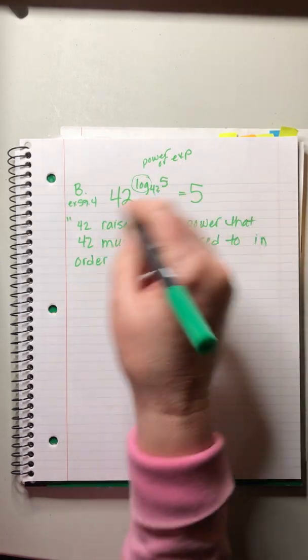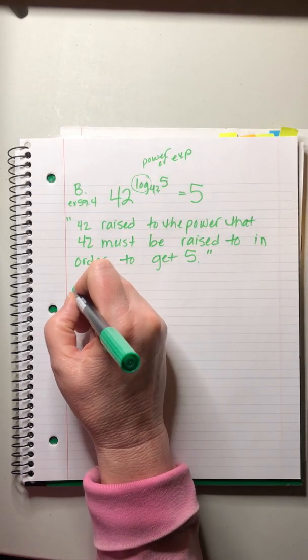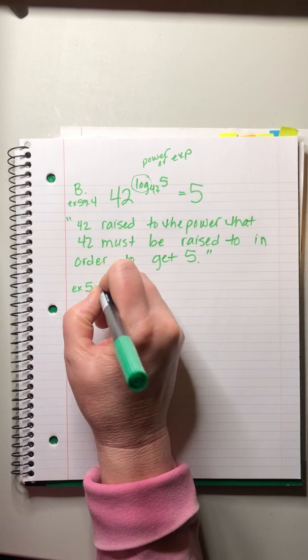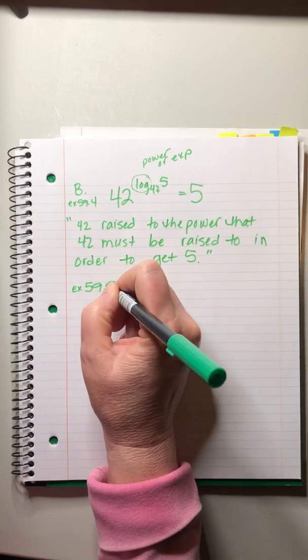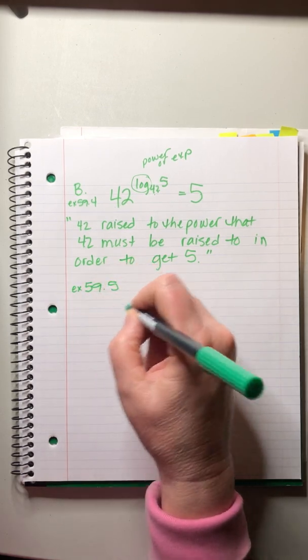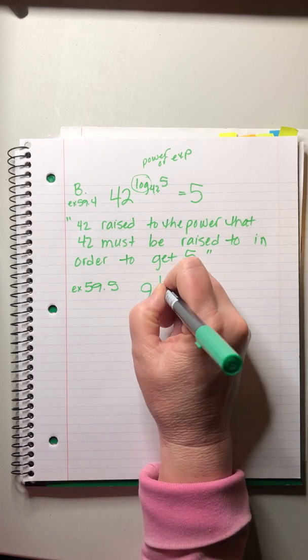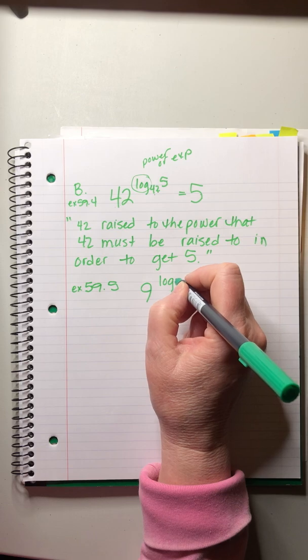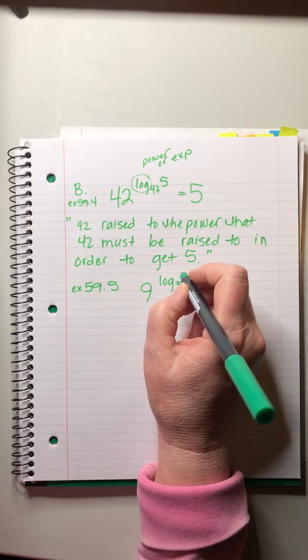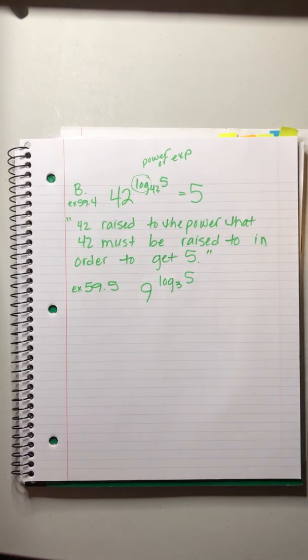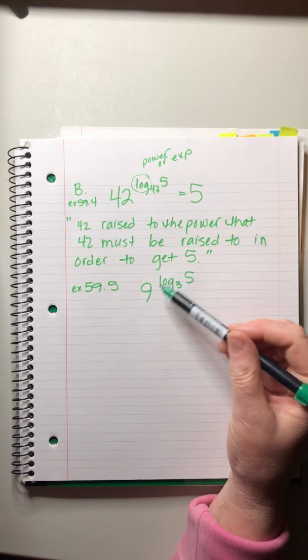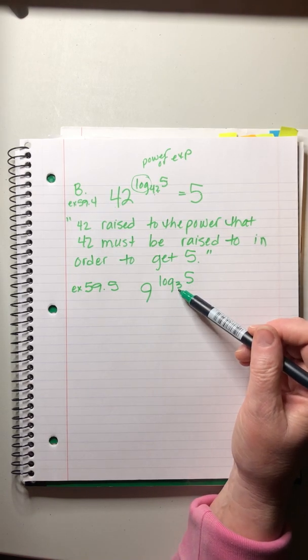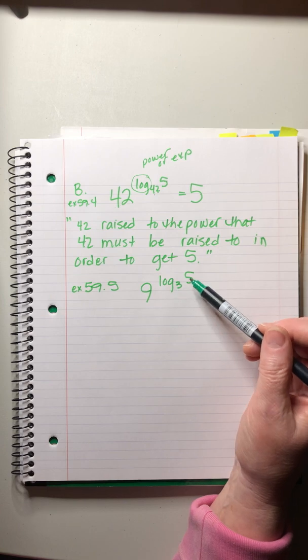Now we're going to take this same idea and wrinkle it just a little bit. Here we go. 9 raised to the power that 3 must be raised to get 5.